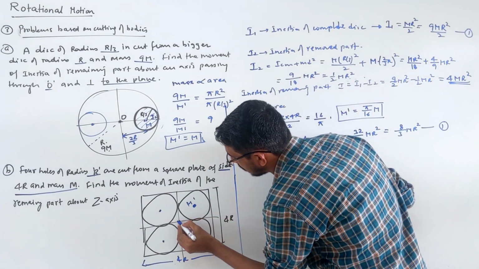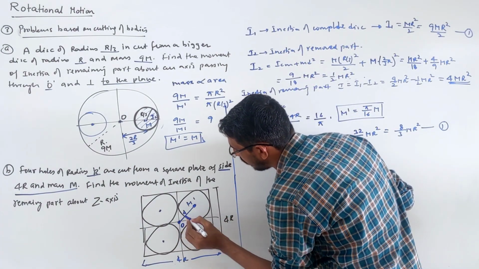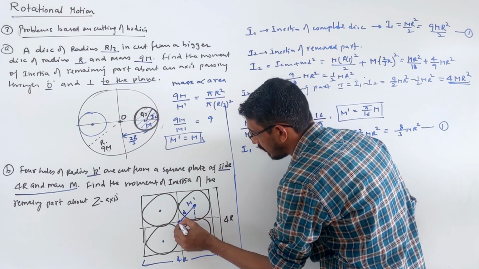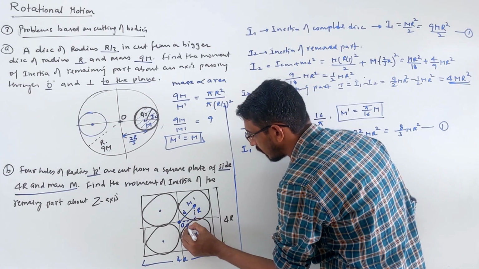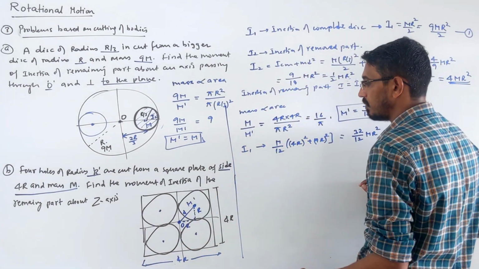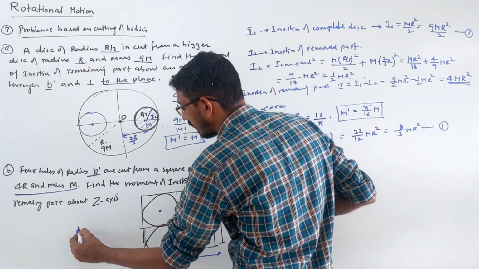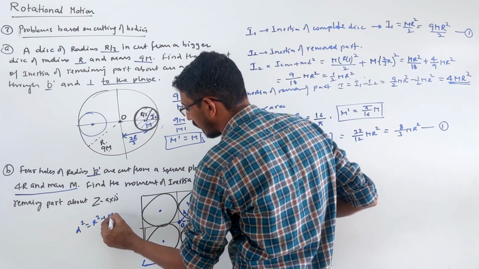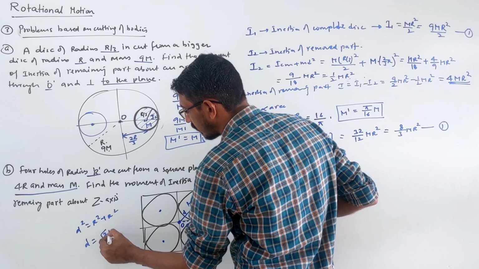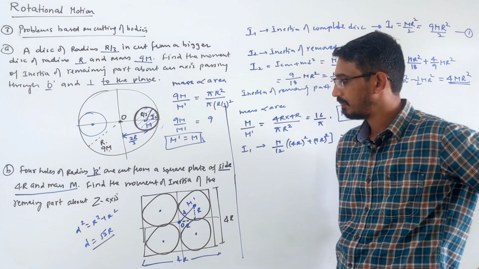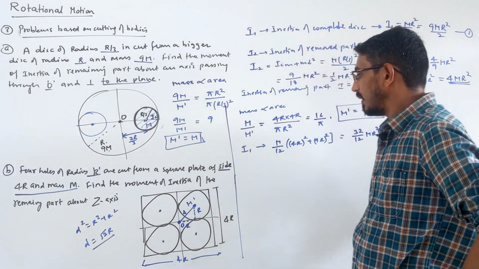Then we need the distance d, so let's draw the geometry. From the geometry, d square is equal to r square plus r square, so d becomes root 2 times r. That's the distance.